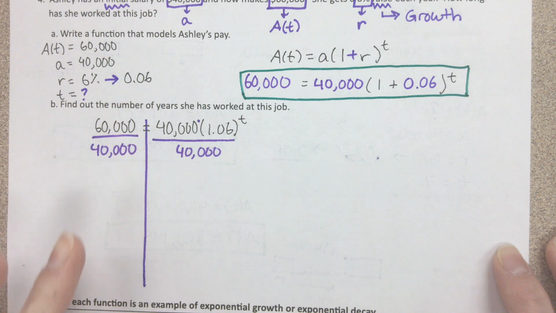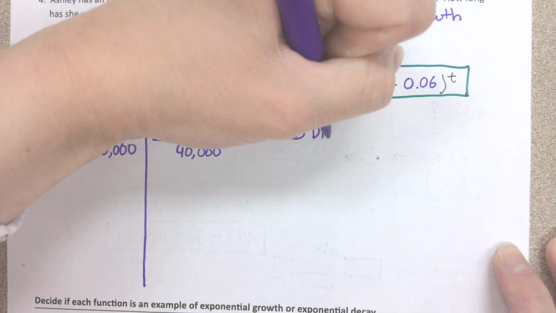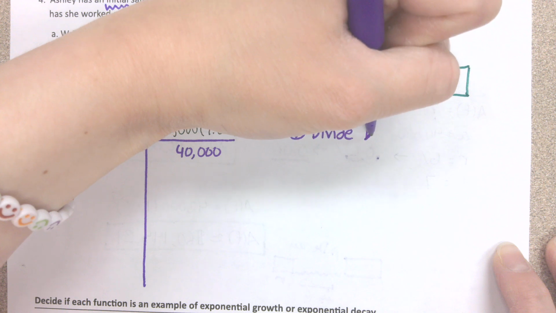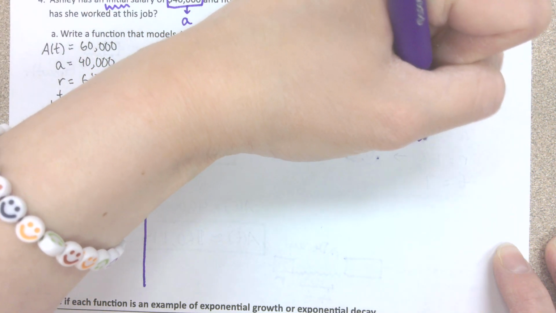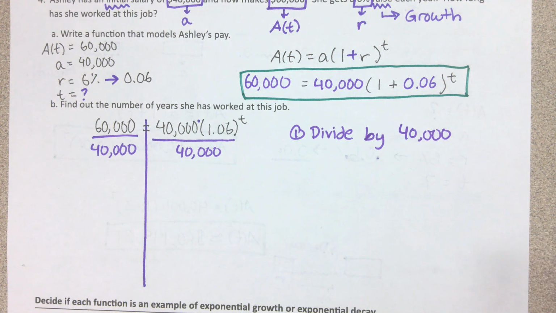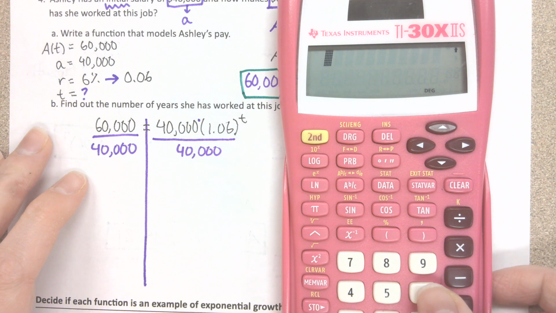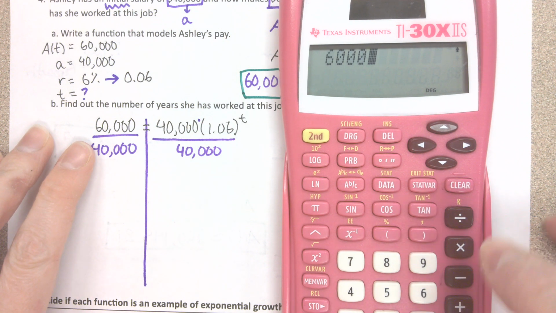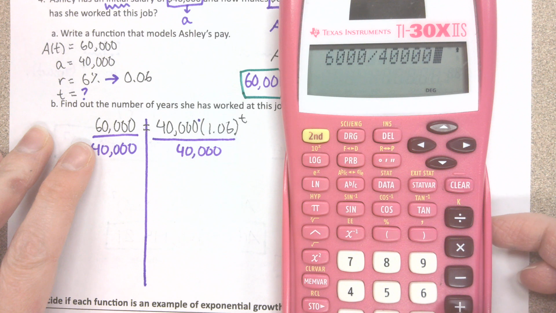And I'm going to do a lot here. So I'm going to write my steps out as I go. Might help later to look back on. Divide by 40,000. Now that is going to be a very nice number. A 6 with 4 zeros divided by a 4 with 4 zeros.